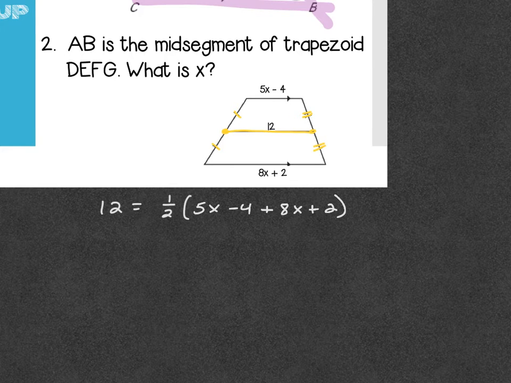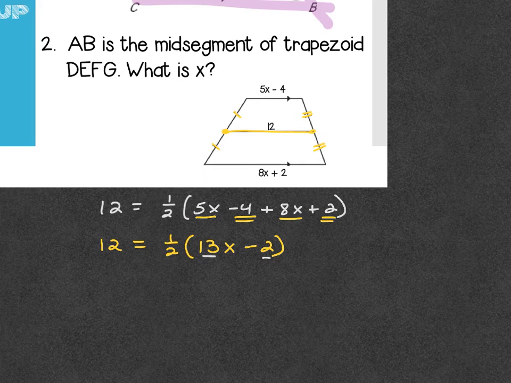So I'm going to combine my like terms inside the parentheses. I'd get 12 equals 1/2 times 5x plus 8x, which is 13x, and then negative 4 and positive 2, which is minus 2. So we talked about it yesterday, but remember that if these are not even, I will probably avoid distributing the 1/2 in and dealing with fractions.